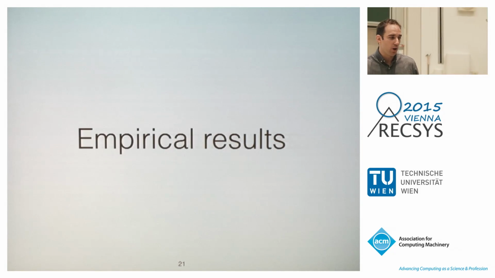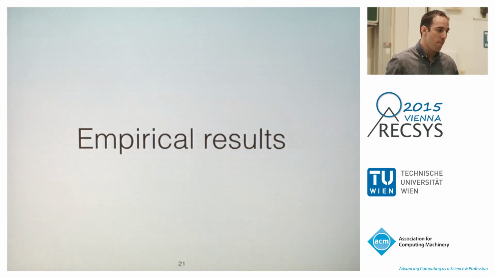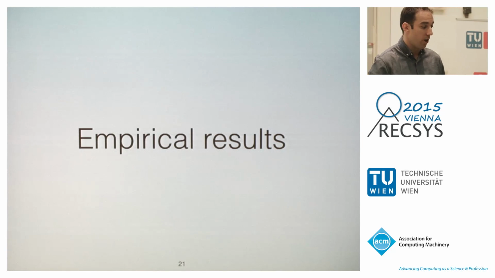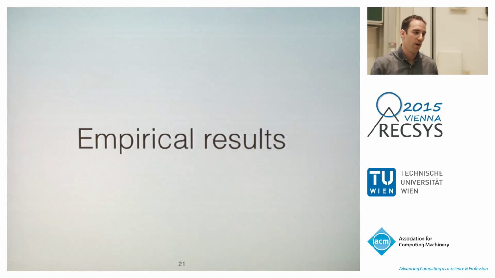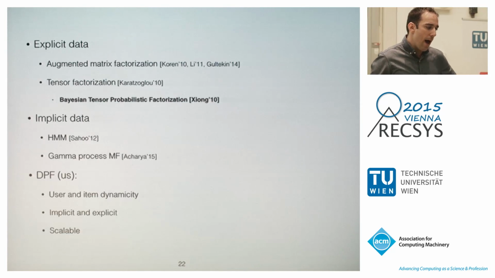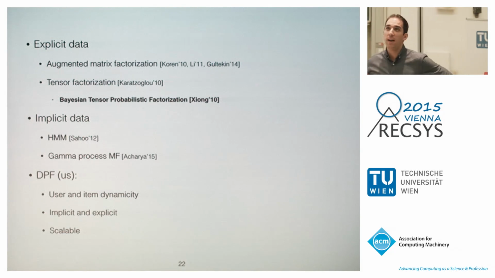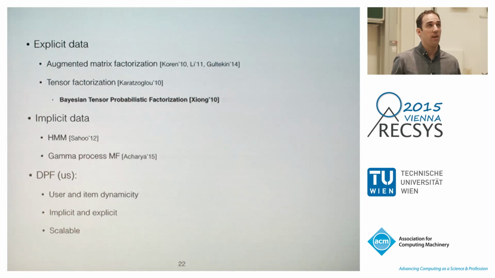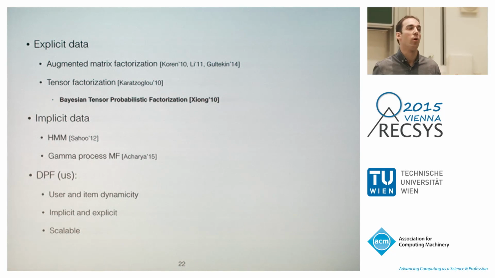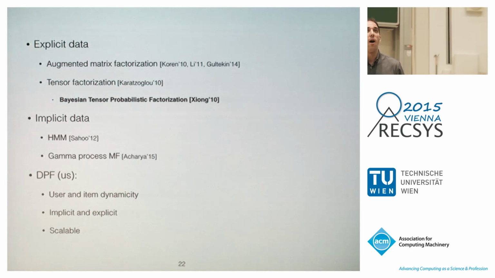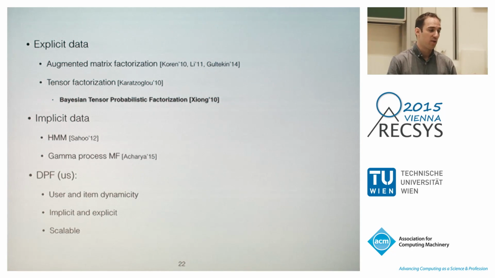Okay, so now that I've talked a little bit about the model and explained what we've done, let's have a look at real data and see how this model fares on tasks we care about. There is lots of related work in this area, starting from the seminal work of Yehuda Koren for the Netflix prize.